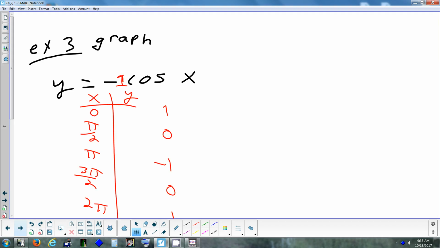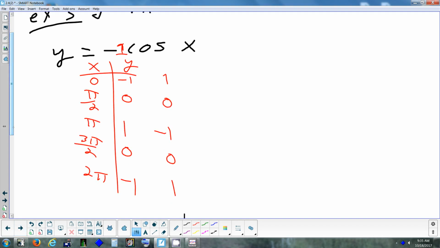And we're going to multiply them all by negative 1. So just change the sign. Negative 1, 0, 1, 0, negative 1. So amplitude change and the last transformation I'm going to show you today, the arithmetic is super, super easy. Okay. Any questions on the table?